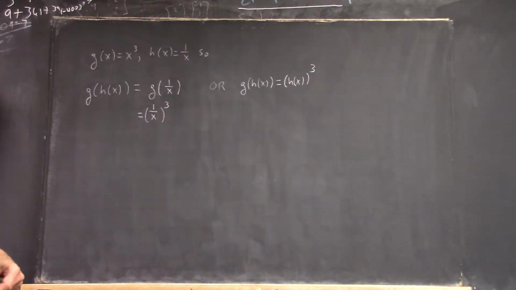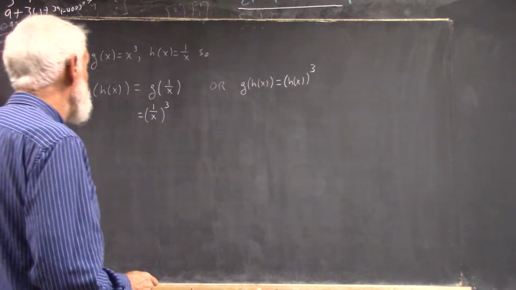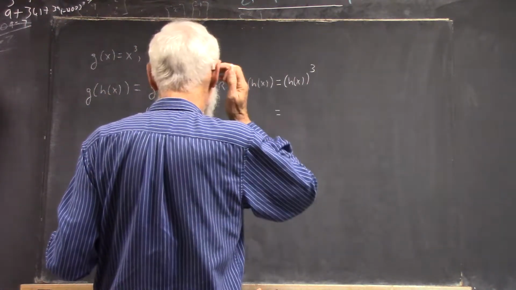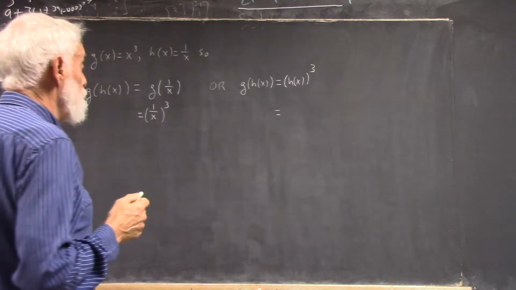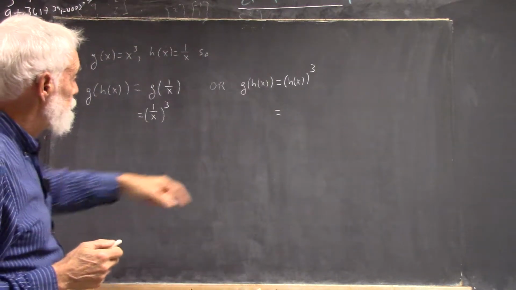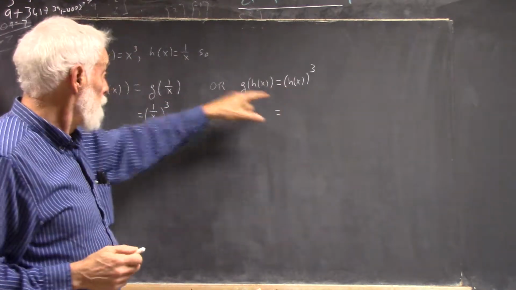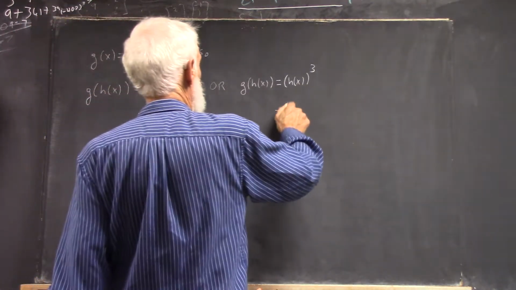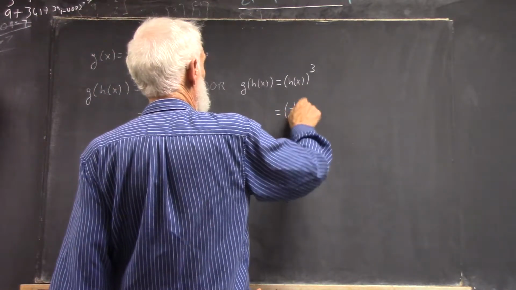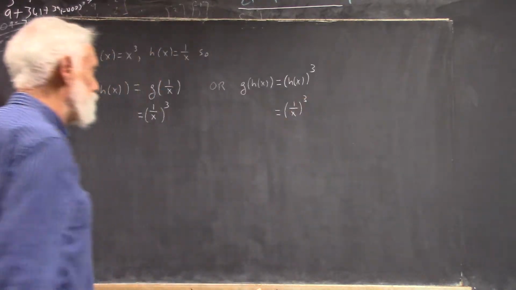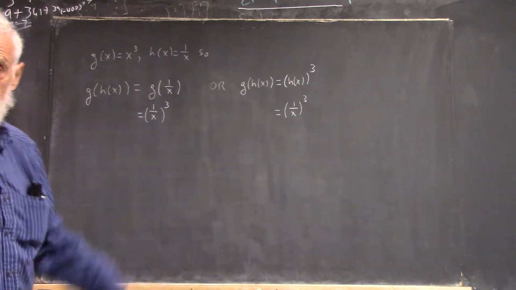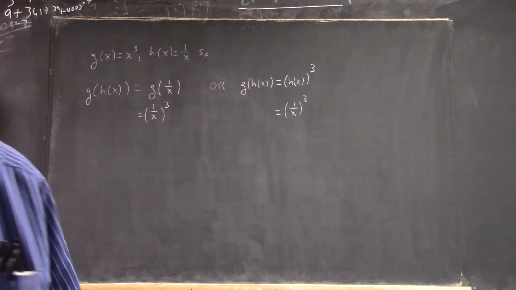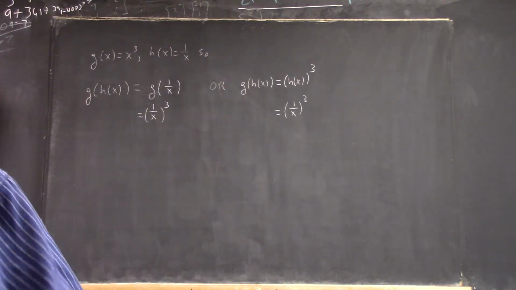Now over here, you're going to replace h of x by 1 over x. Look at that, you get exactly the same thing, right? Which shows you can look at it either way.